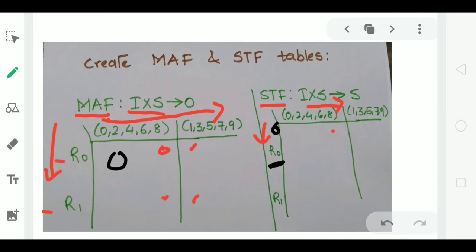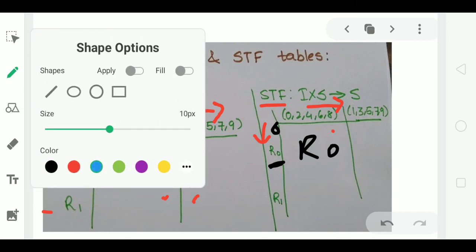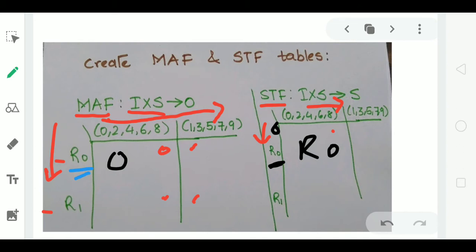The state is from the current state that is divisible by 2, the next state, because 0, 0 will make the number 0. Is the number 0 divisible by 2? So the next state will be R0. Now in the same way we are going to consider the next value, with the previous value as 0 and the next bit as 2.